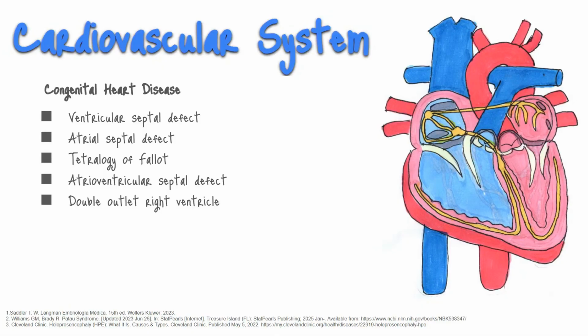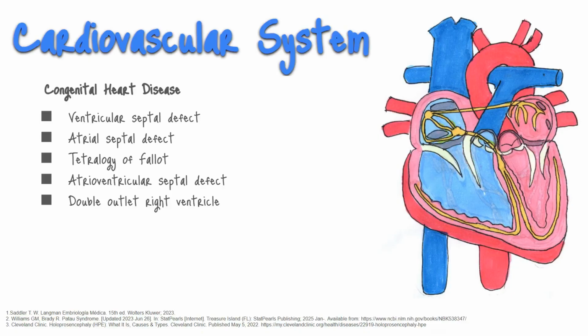Tetralogy of Fallot is a disorder that has four concomitant heart defects, which is a ventricular septal defect, which causes a shunt from left to right. And overriding aorta, the aorta will be about here and it will carry mixed blood. They will also have pulmonary stenosis.